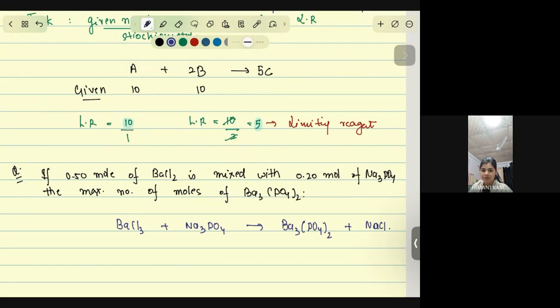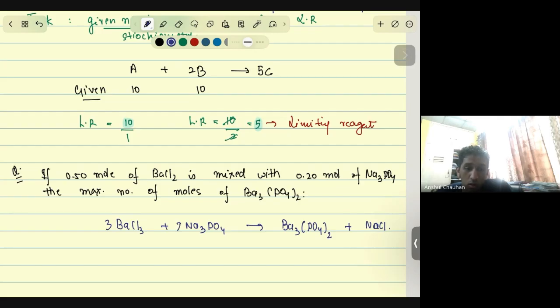First, balance this equation. It will be 3 BaCl2 plus 2 Na3PO4 gives Ba3(PO4)2 plus 6 NaCl. Yes, very good.